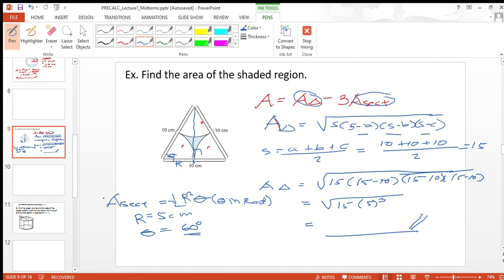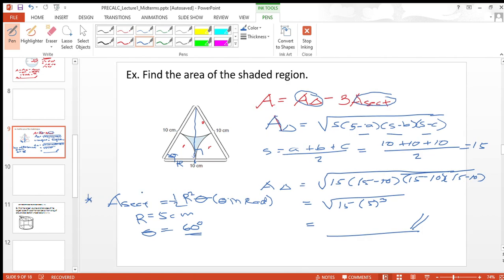The computation for the sector is also given in your module, and the area of the triangle is already available here. So that's it for the area of plane surfaces. Please go over the solutions of the other problems in your module and work on the problems also given there as your practice problems or homework. Good day again to everybody.